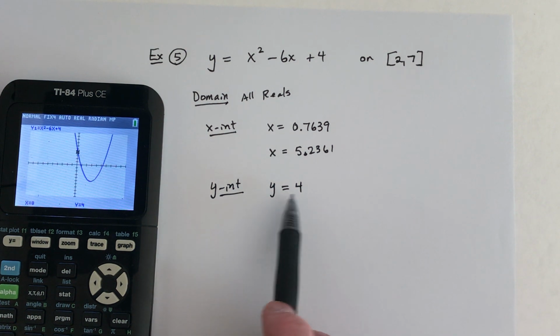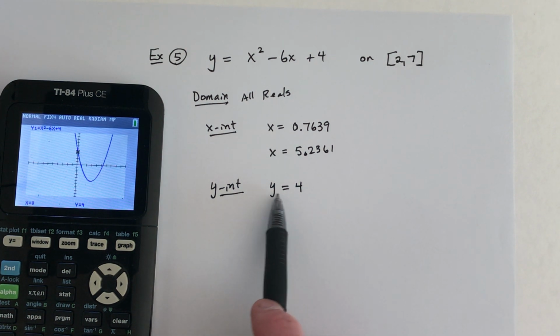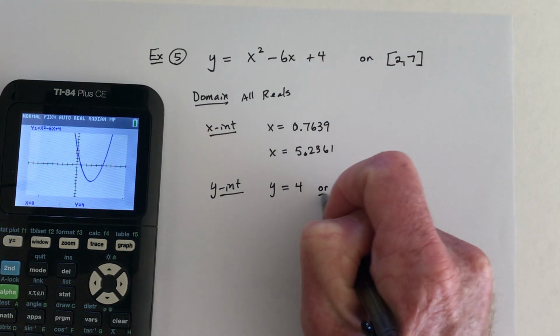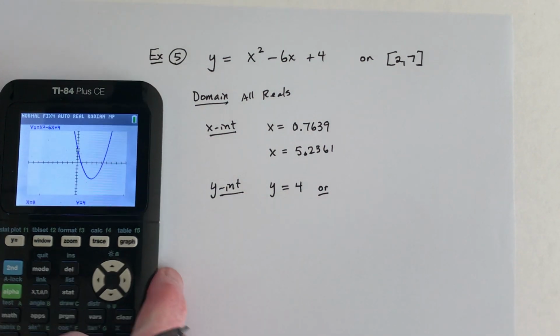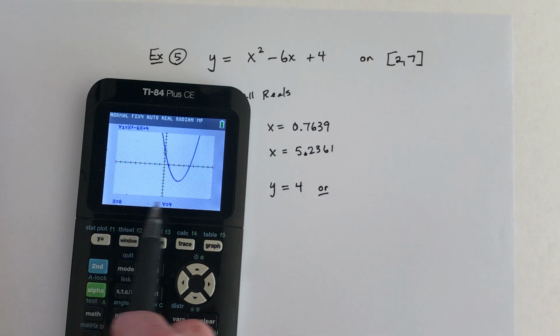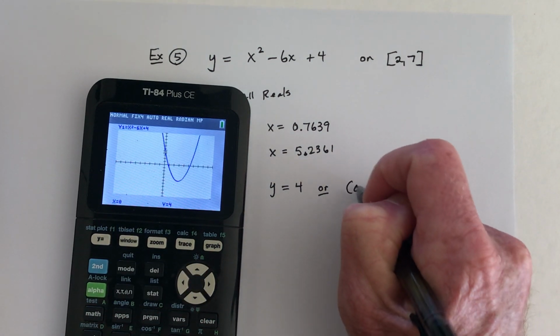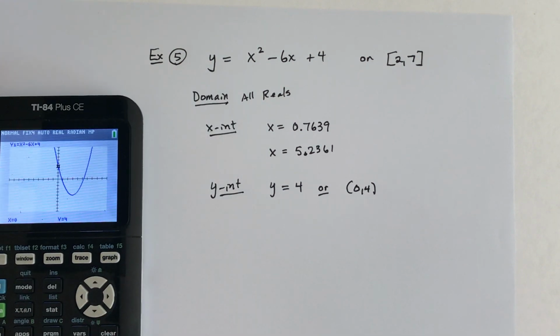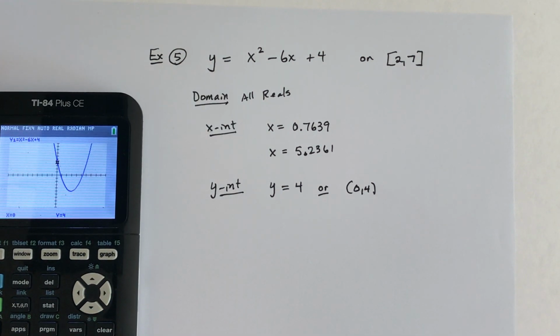And you do have to watch out on the homework because they might just say y equals and then this is a blank, or they might ask you to write it as a point. So the calculator is saying that would be 0, 4. All right, so we have those things which actually don't use calculus.